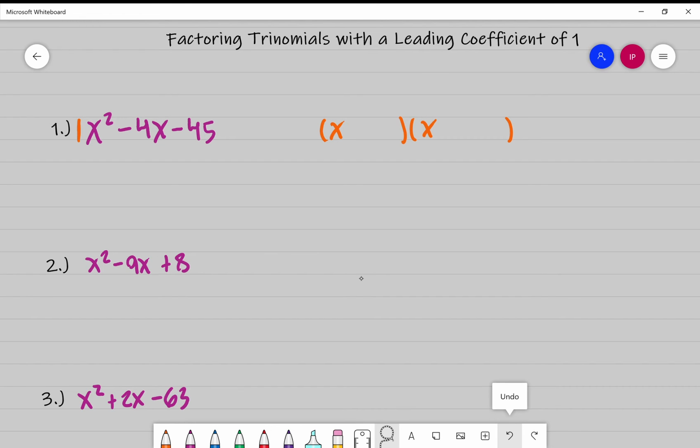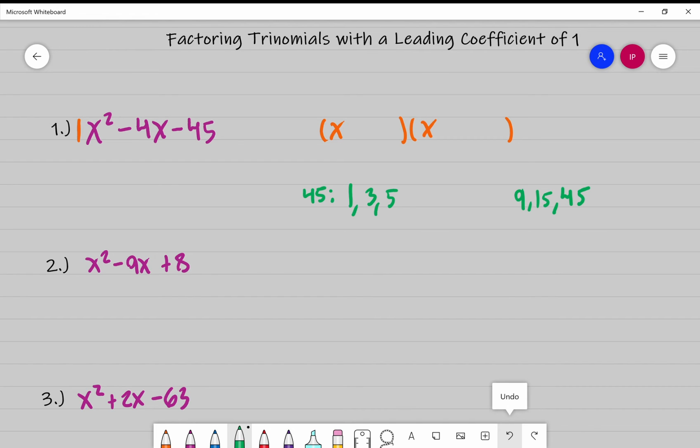So what I do is I write 45, colon, 1, 45. 2 can't go into 45. 3 can, 15 times. 4 can't go into 45. 5 can, 9 times. I think that's it.